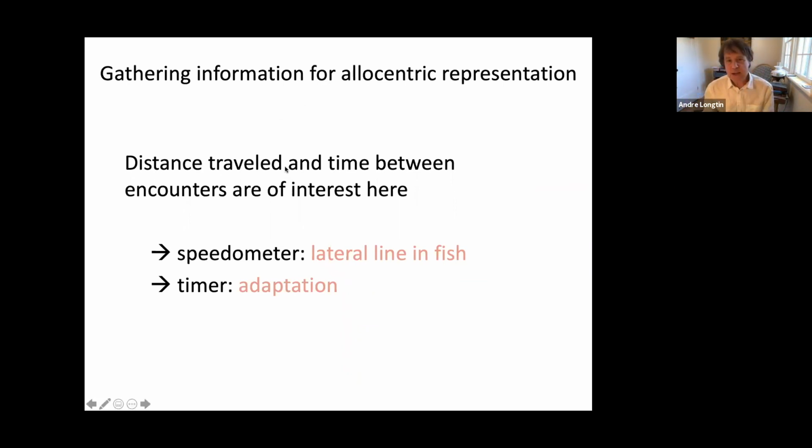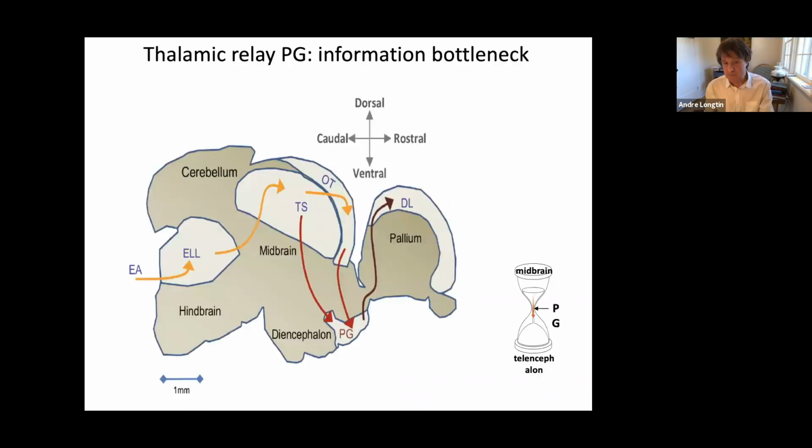The distance traveled and the time between encounters are of interest here. So there's a speedometer, which is the pressure detectors on the side of the fish on its lateral line. As you saw, the speed is relatively constant, but it does vary a bit. And the timer is what we're proposing is the adaptation.